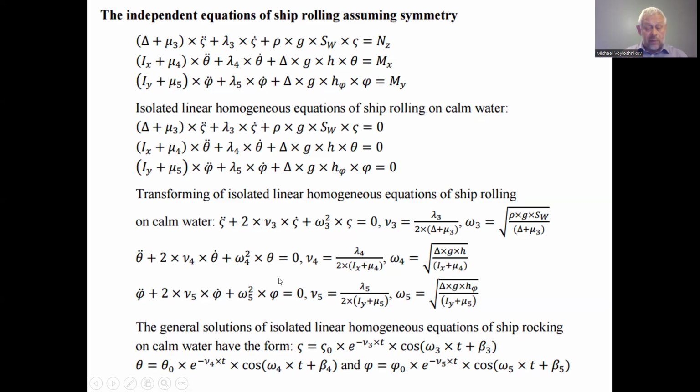For these only we have the restoring forces. Restoring forces cause the third summand in each equation. The second summand characterizes the damping forces, and the first summand comes from the forces of inertia.